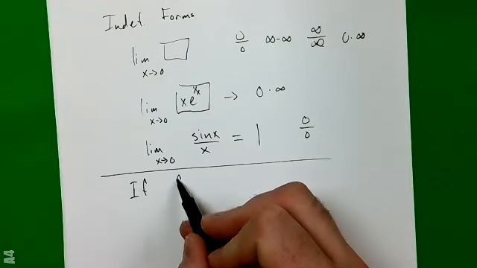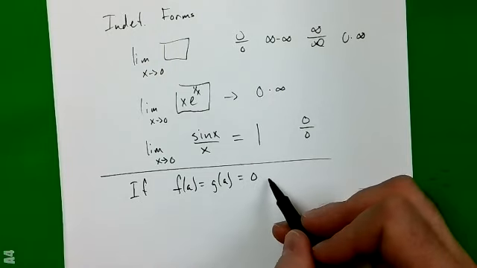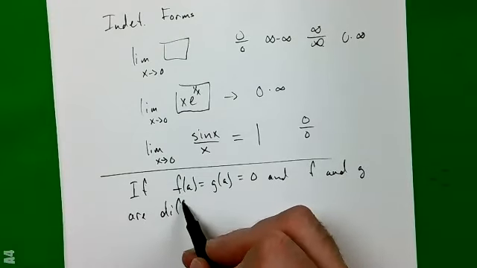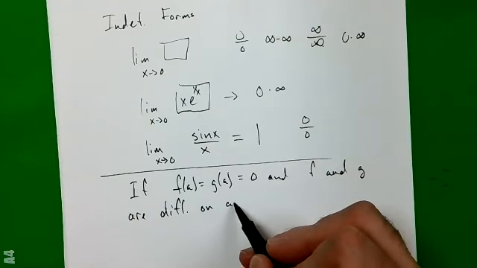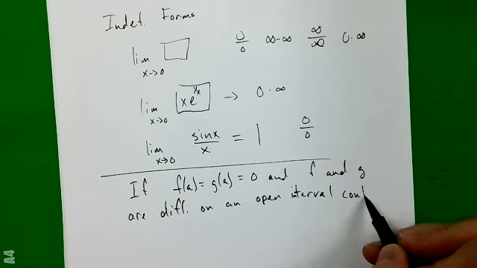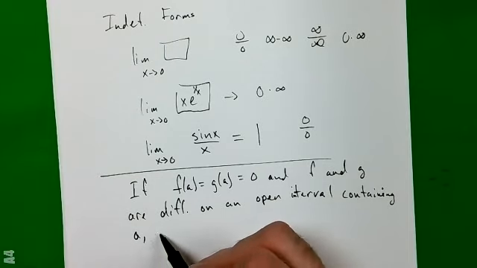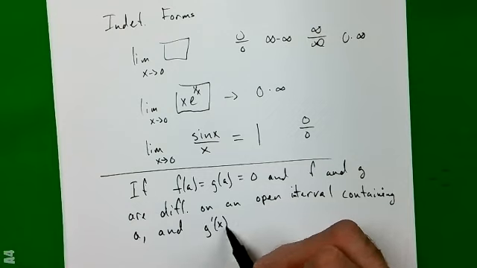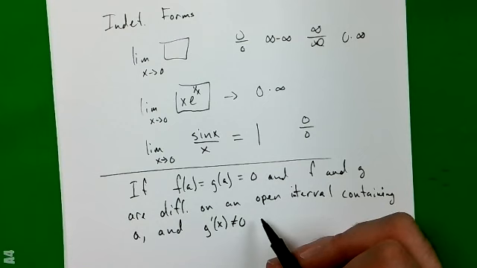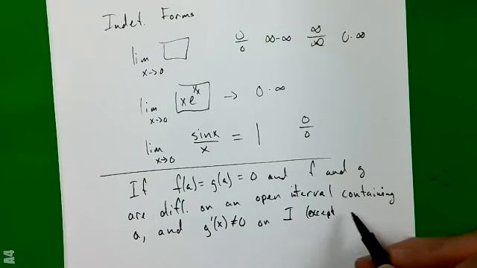If you have f of a equals g of a equals 0, and f and g are differentiable on an open interval containing a, and g prime of x is not equal to 0 on that same interval, except at a.